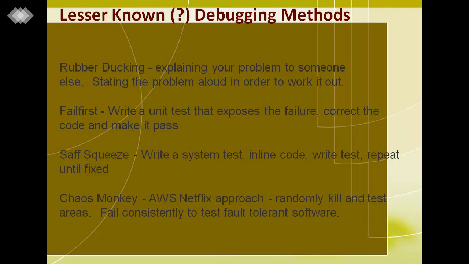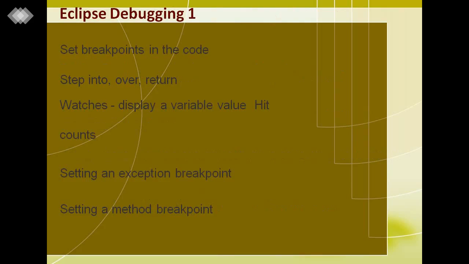Now, soft squeeze means write a system test, inline code, write test, repeat until fixed. Next, Chaos Monkey means the AWS Netflix approach: randomly kill and test areas, also fail consistently to test fault tolerant software.